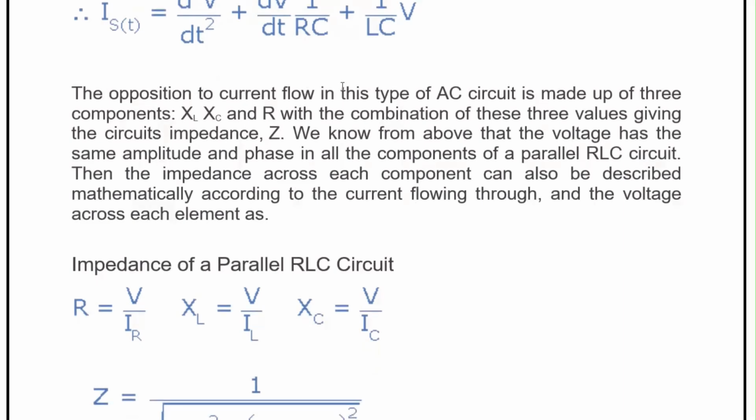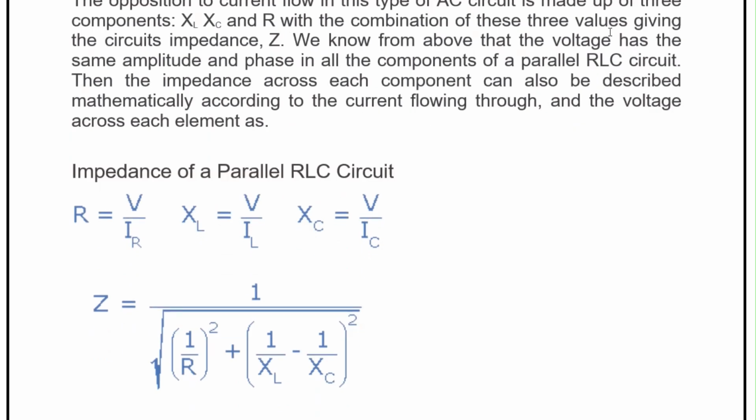The opposition to the current in this type of AC circuit, that is the parallel circuit, is made up of three components: XL, XC, and R. The combination of these three values gives the circuit impedance Z. We know that the voltage has the same amplitude and phase across all the components of the parallel RLC circuit, as the same voltage is applied to all three elements.